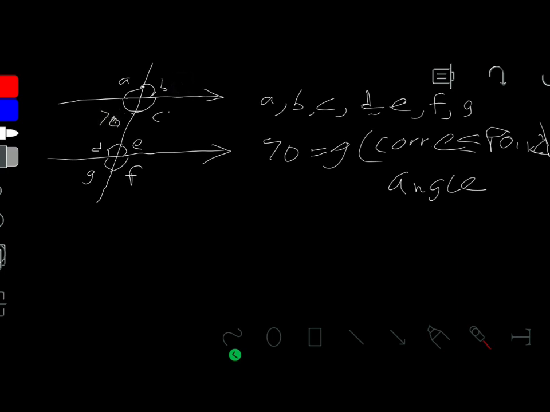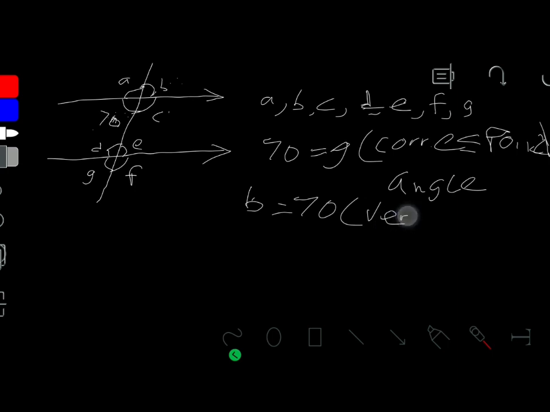Next, let's see what we can find. 70 and B are vertically opposite angles. So we can say that B is equal to 70. Why? Because they are what?